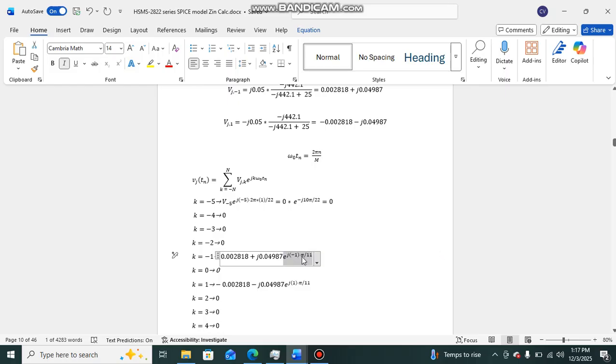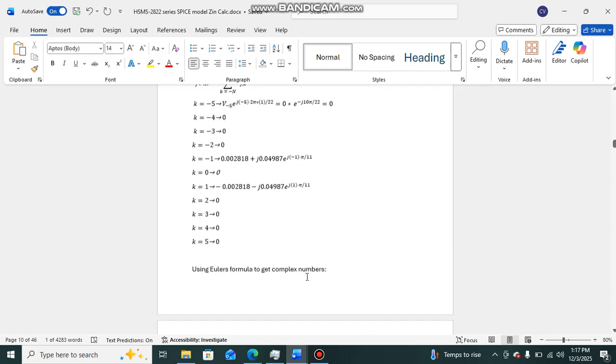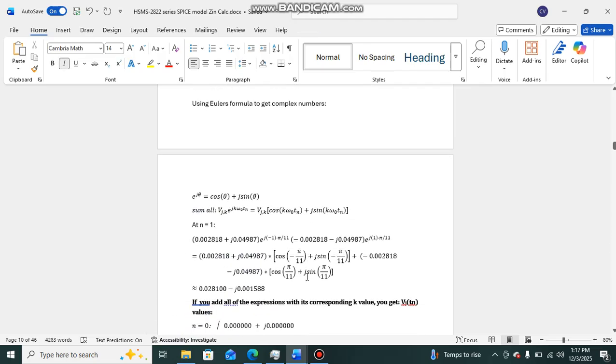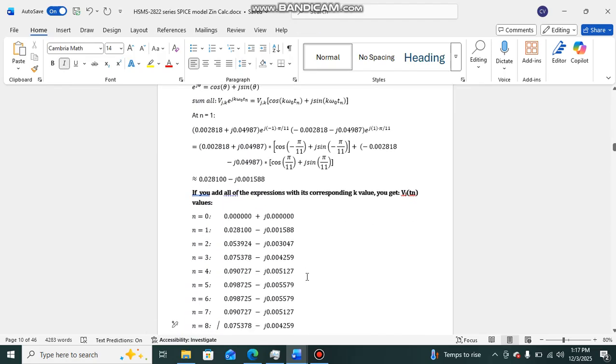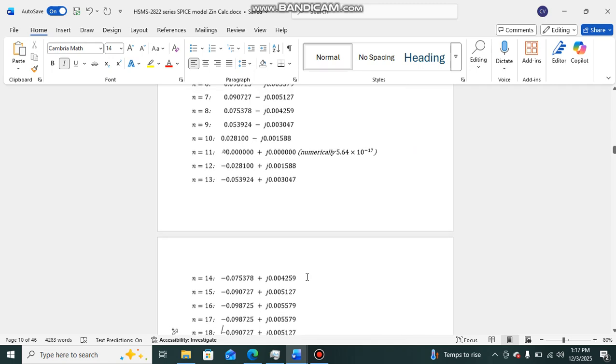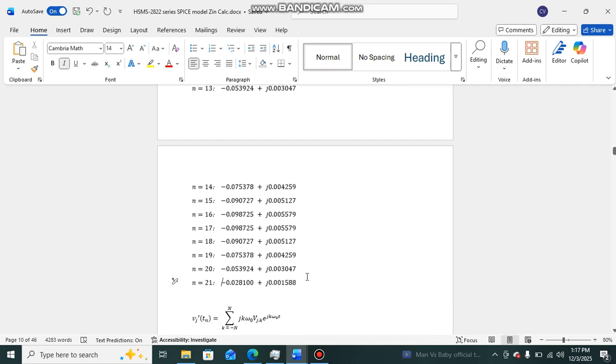But with 4 pi over 22 instead of pi over 11. And you would keep on doing that continuously from 0 all the way down to 21, which is 22 samples.